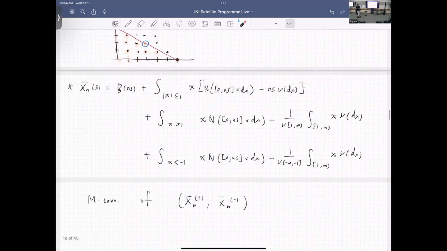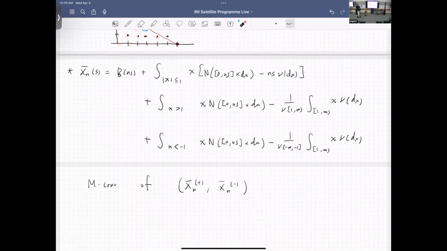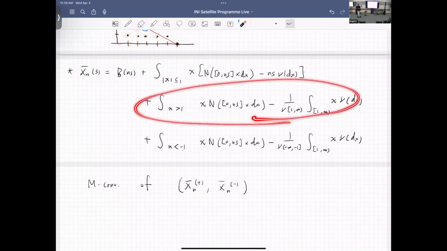So why is this helpful? Because for the two-sided Levy process, if your Levy process has both upward and downward jumps, and they have different regular variation, then you can decompose it into the ones with positive jumps.